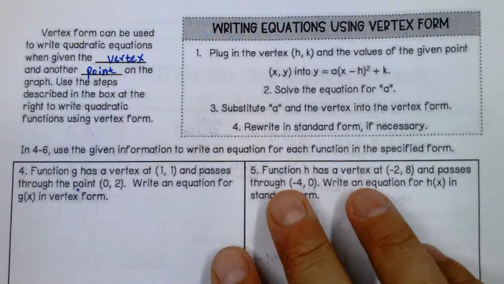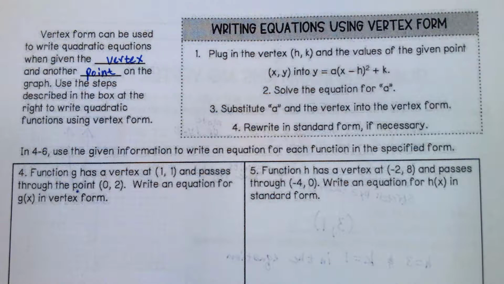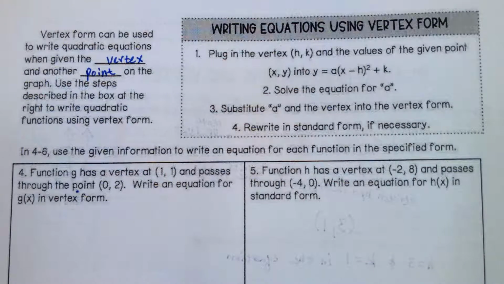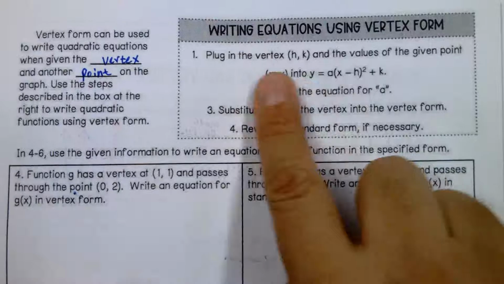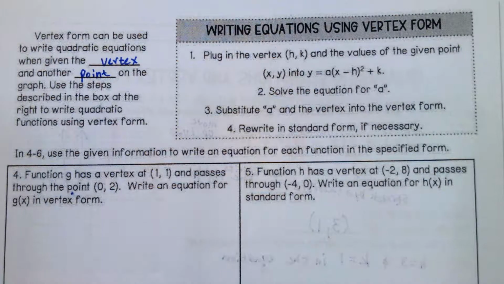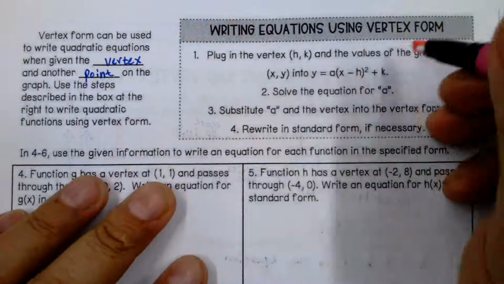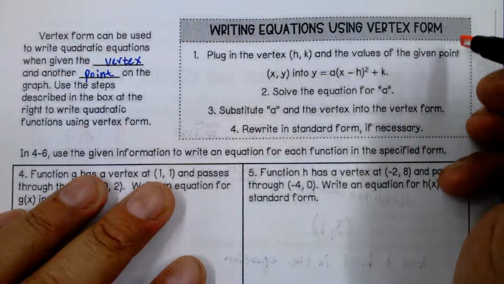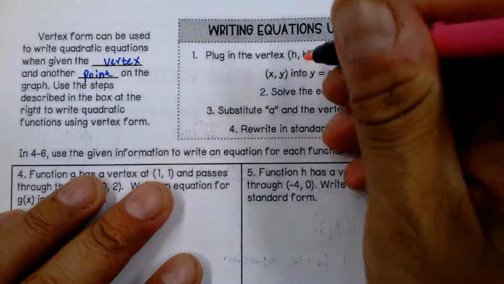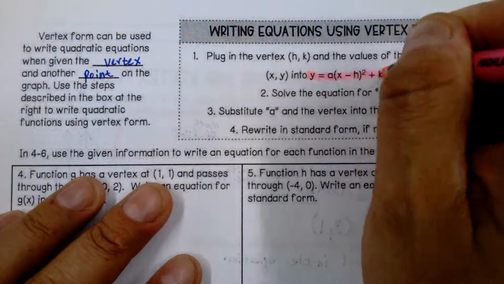Okay, so suppose we know where the vertex is, what the coordinates are for the vertex. And we also know some other point on the graph for that parabola. This is what we're going to do. We're going to plug in h and k and the values of the given point into this.